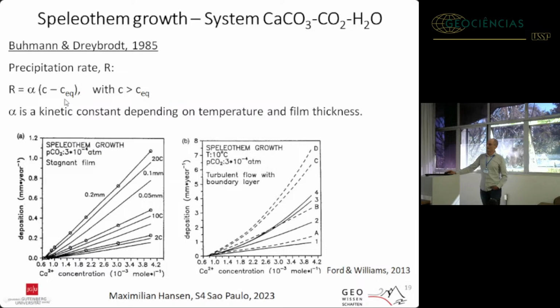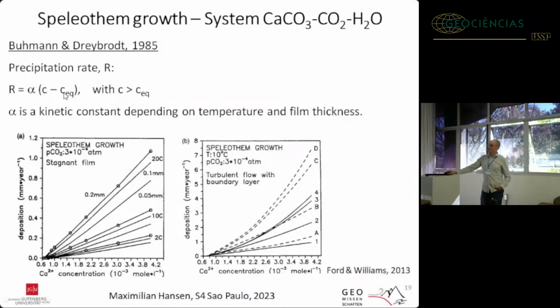This is the precipitation rate for solution films or water bodies. The alpha here is a kinetic constant, which depends on the temperature and the thickness of the water layer above a speleothem, or a flowstone or whatever.